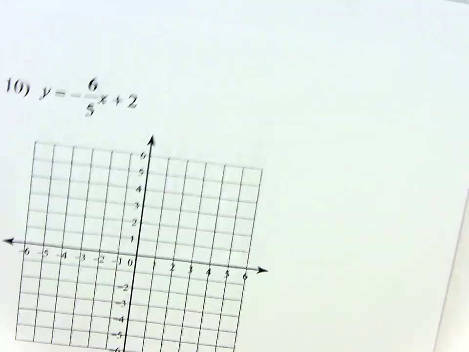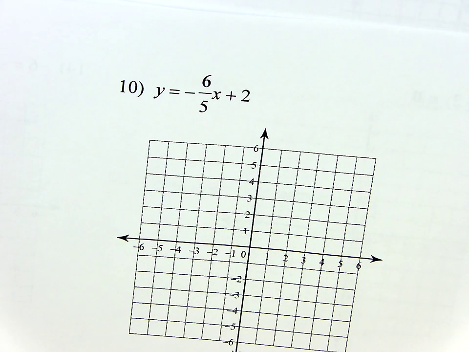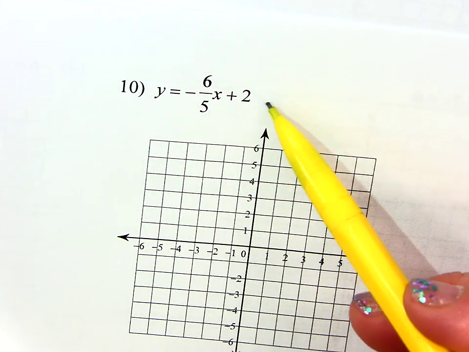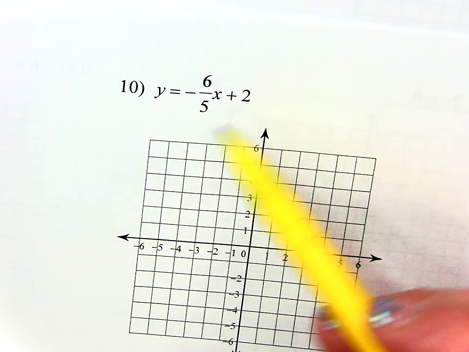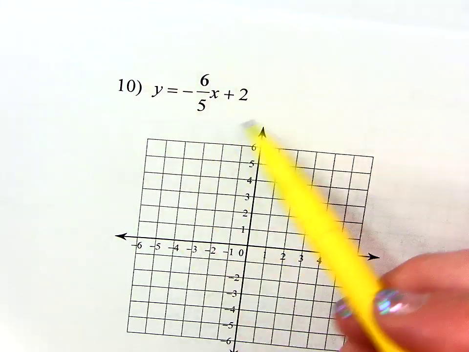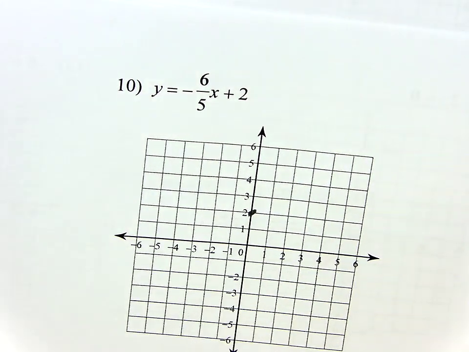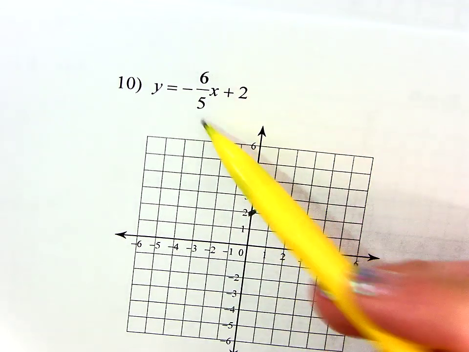So if I were looking at something like number 10, this is not in standard form. So don't try and change it back into standard form to graph it. Just graph it like y equals mx plus b. You already know how to do it, right? Don't forget. Where do you start with this one? 2, and then you would go down 6 to the right 5.